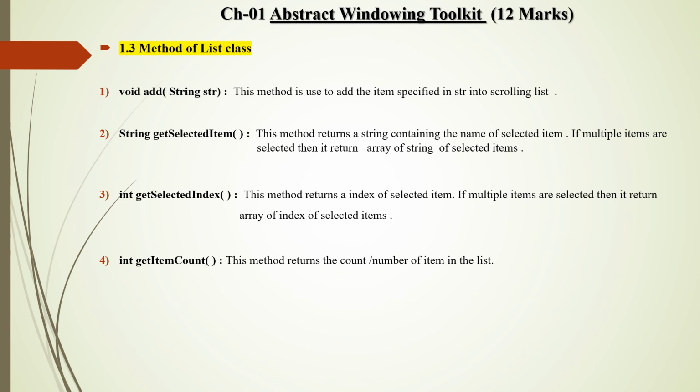It returns the count or number of items in the list. Last method, getItem, which has one parameter, integer index, and returns a string value. This method returns the name of the item at the specified index.